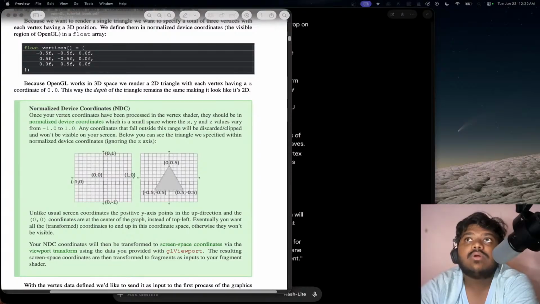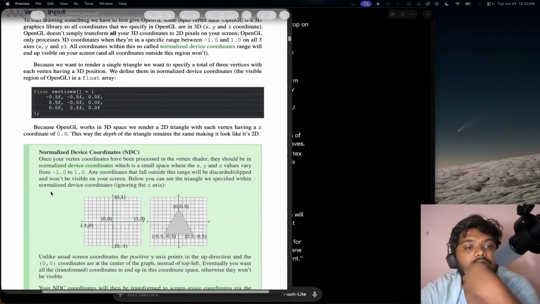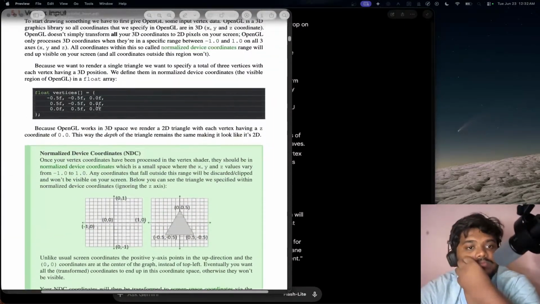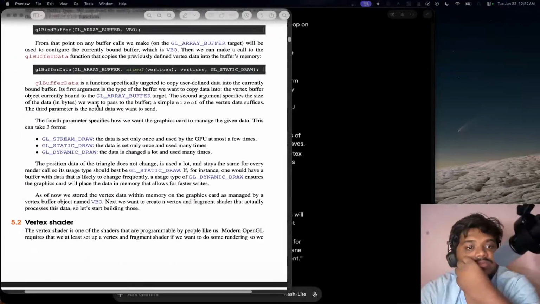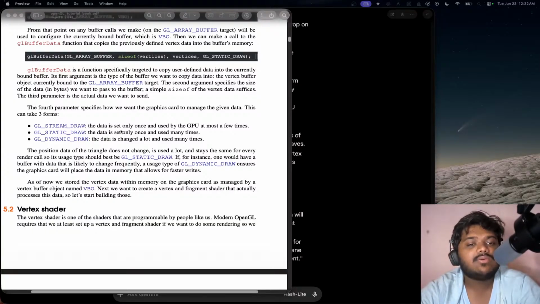I think I completed this page, the vertex input, and then the stream, static, dynamic. Stream: the data is set only once and used by the GPU at most a few times.